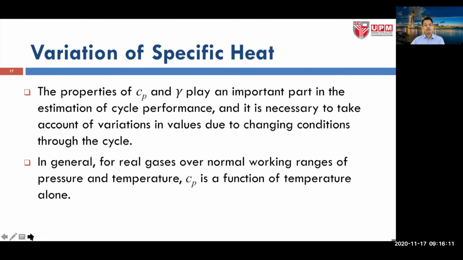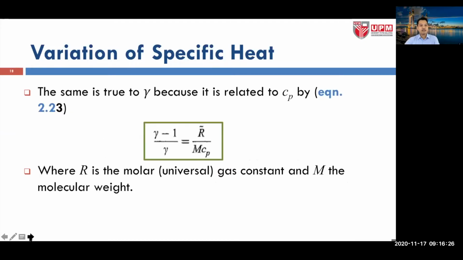In general, for real gases over the normal working range of pressure and temperature, Cp is a function of temperature alone. The same is true for the specific heat ratio gamma, because it is related to Cp. This relationship is given by equation 2.23, where R is the molar universal gas constant and M is the molecular weight.